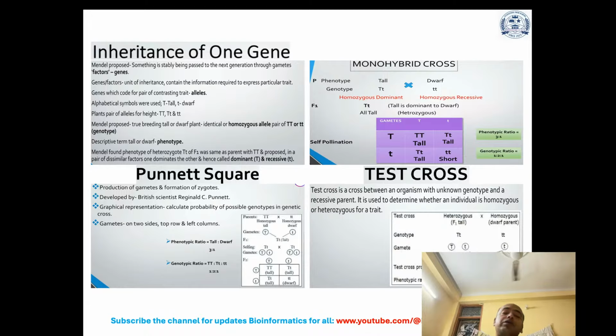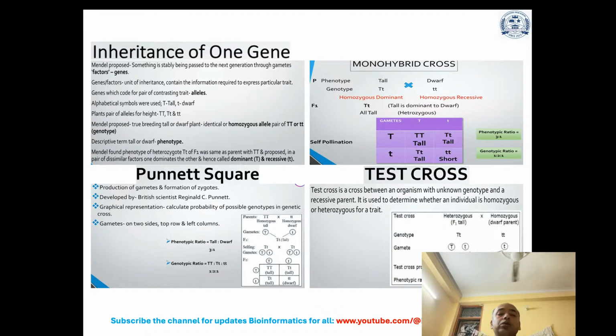Genes which code for a pair of contrasting traits are alleles. Then alphabetical symbols were used, for example, T for tall and small t for dwarf. Plants have a pair of alleles for height: capital TT, capital T and small t, then small tt.